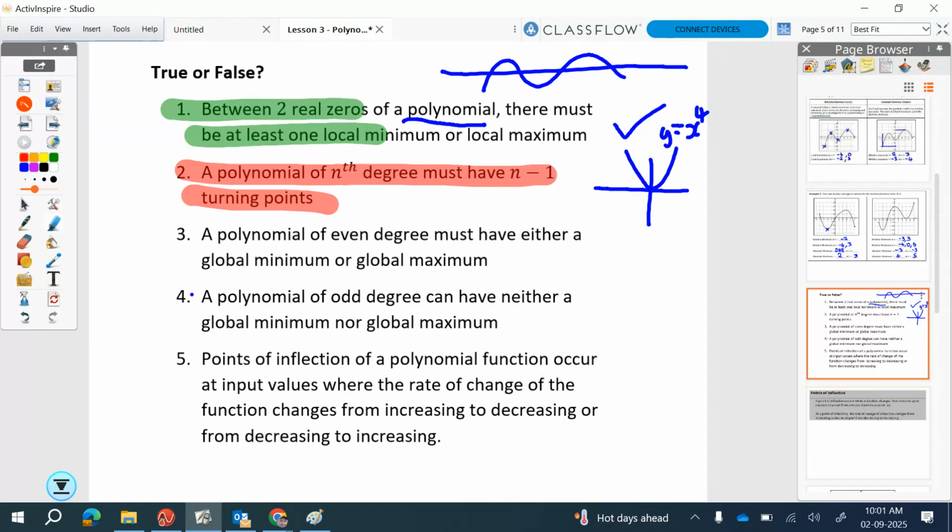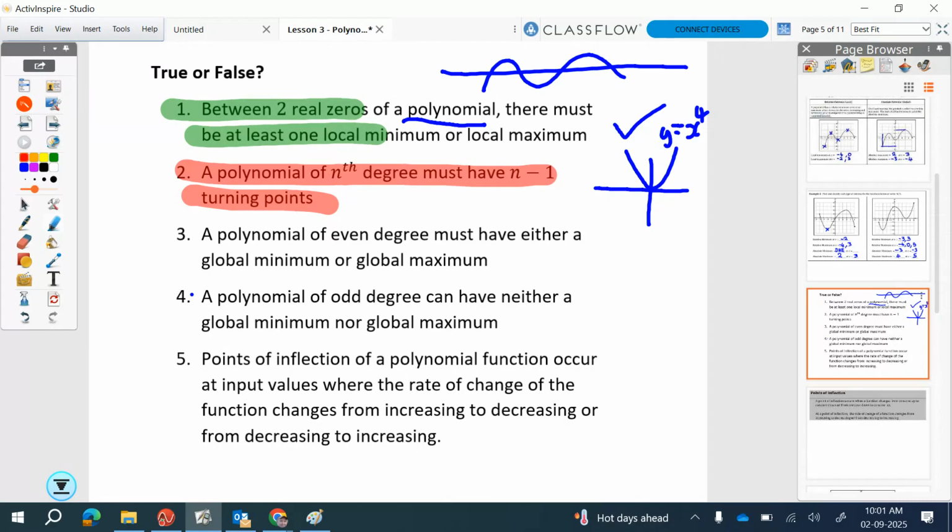Okay, so number 3, a polynomial of even degree must have either a global minimum or a global maximum. What do we think here on this one? True? False. So even degree. Quadratic, we know how that one looks.